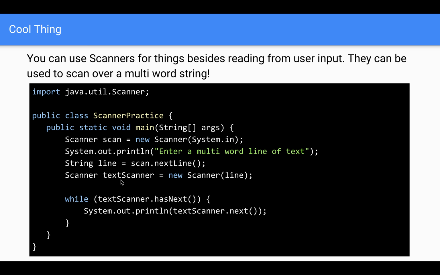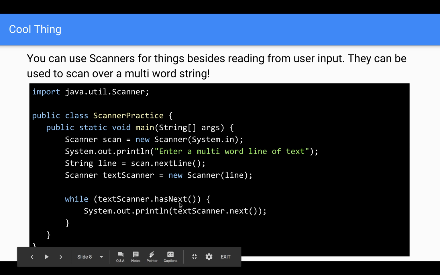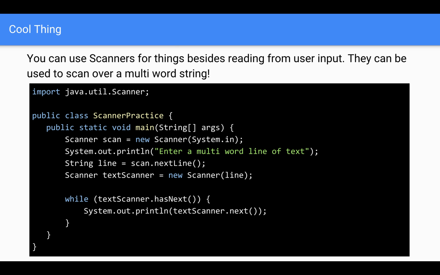I can create a text scanner that scans off of line instead of System.in, and then I can say while textScanner.hasNext(), System.out.println(textScanner.next()). So what this does is it takes in a line of text and scans over it, and then prints that out one word per line. So if I gave it "hello world", my output would end up being hello, new line, and then world on the next line.